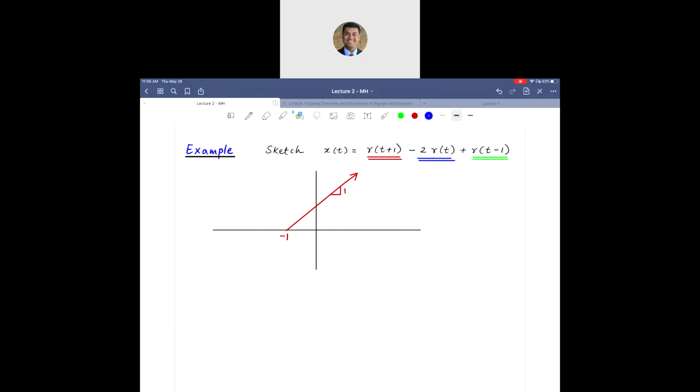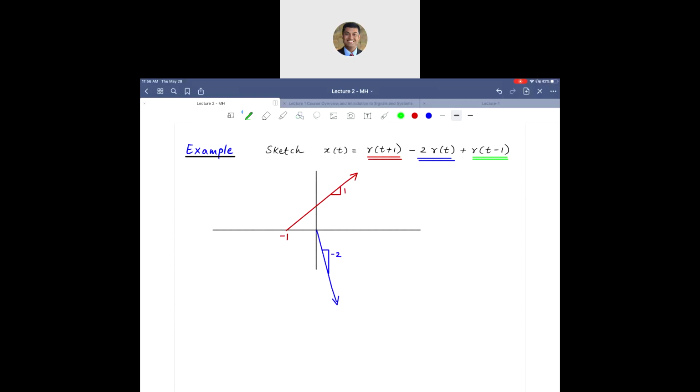Next, negative 2, so the slope is negative 2 r of t, so starting at 0. And it keeps going.